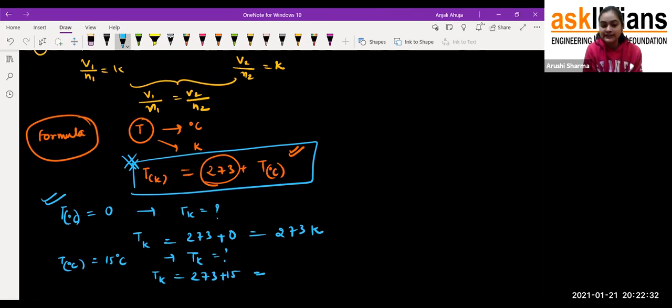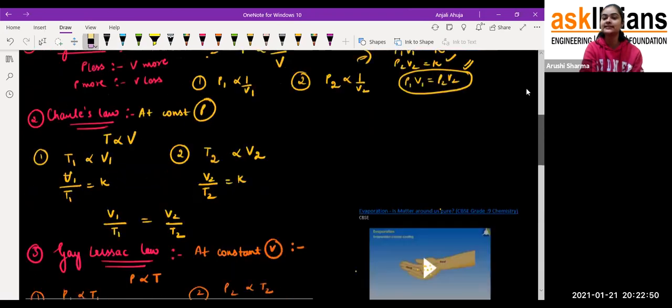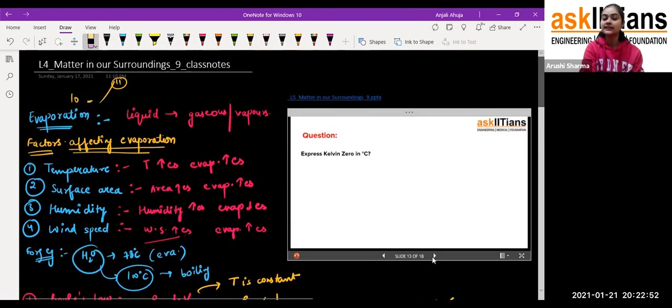That would come out as 288. Exactly, 288 Kelvin. So that's how you can convert both degree Celsius to Kelvin and Kelvin to degree Celsius. I hope you got this point. So that's how you can do this type of question, the conversion of temperature from degree Celsius to Kelvin and from Kelvin to degree Celsius.